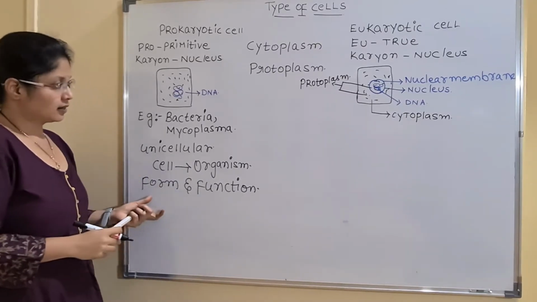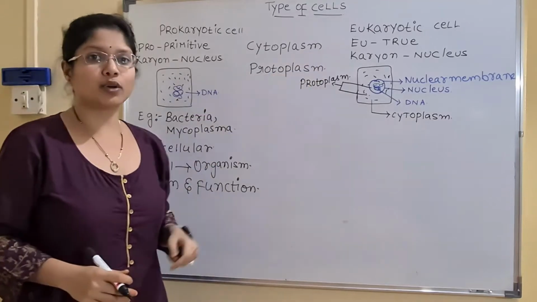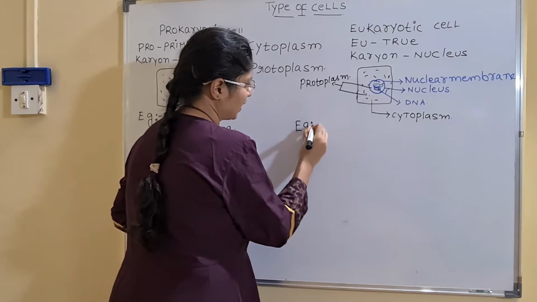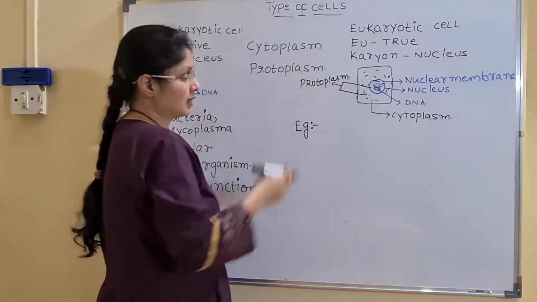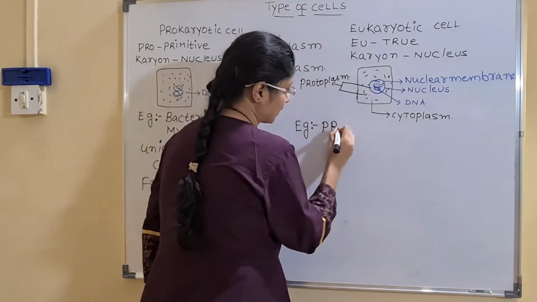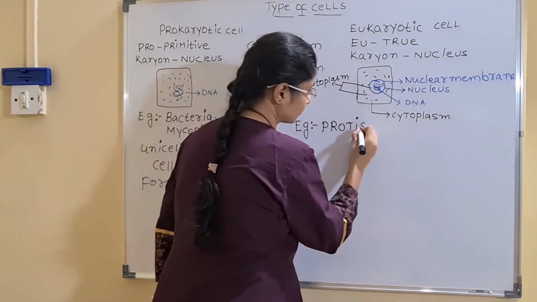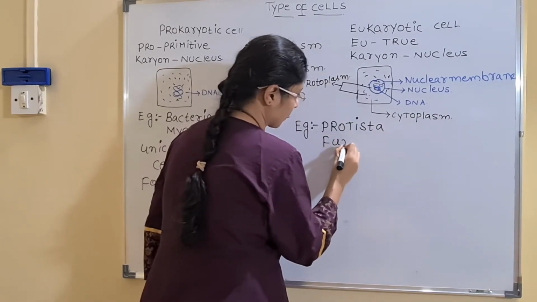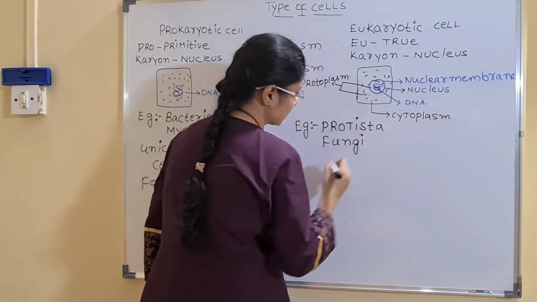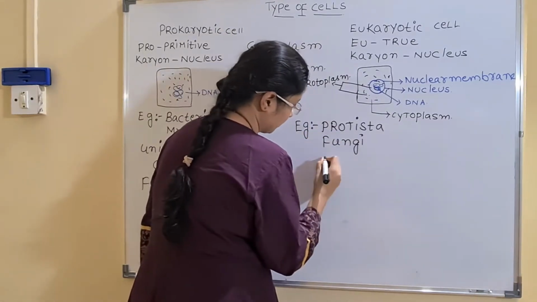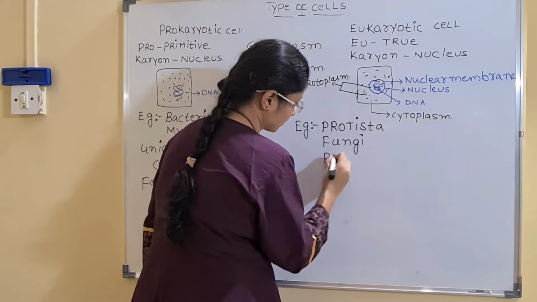Okay, and if you see for eukaryotic cells, we have many organisms which are listed in these eukaryotic cells. One, we have protista. Two, we have fungi. We'll discuss these organisms in detail in later chapters. Next we have plants.